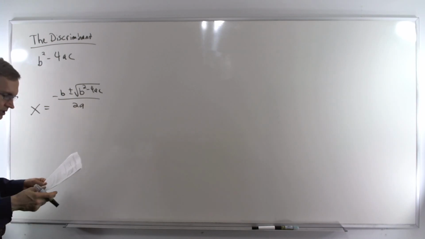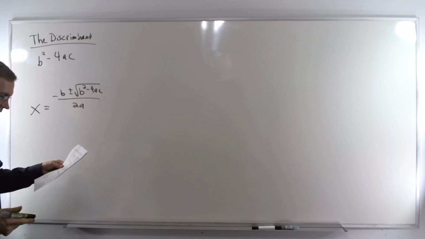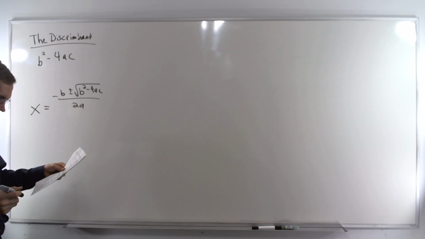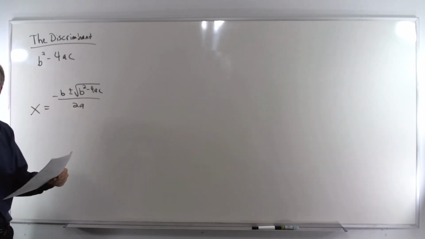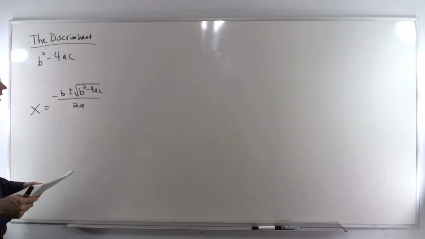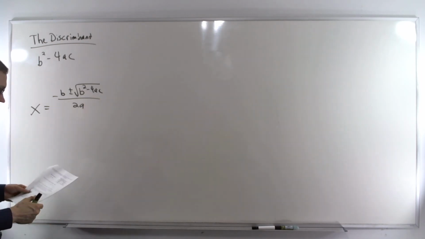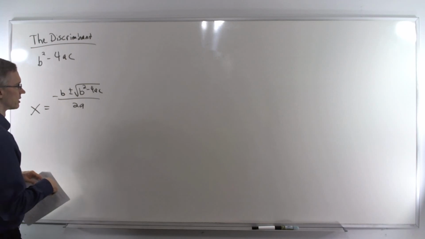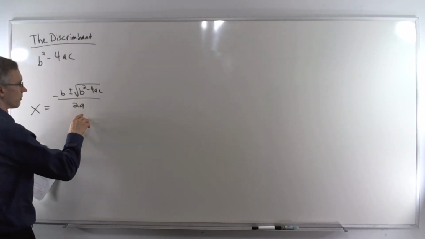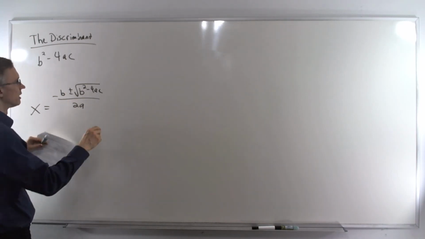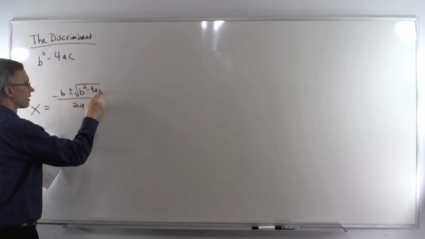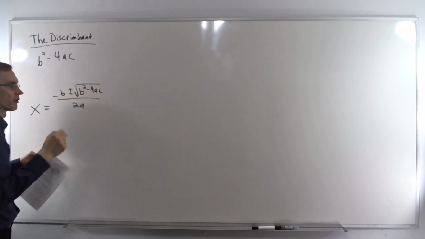Now there's one more situation we have to keep in mind. And that is whether or not you're going to have 2 rational solutions or irrational solutions. And we saw both in the examples. Alright, so rational solutions will come about, we'll get rid of the radical, if this number inside here, this discriminant, is a perfect square.